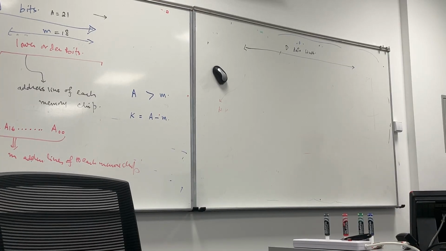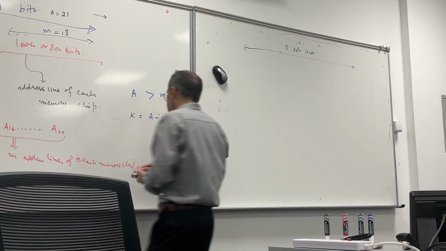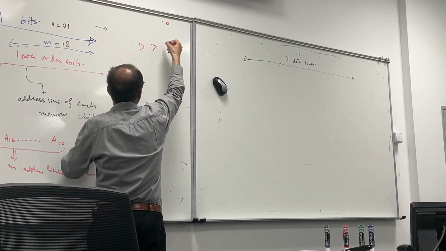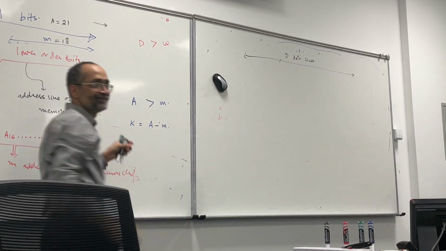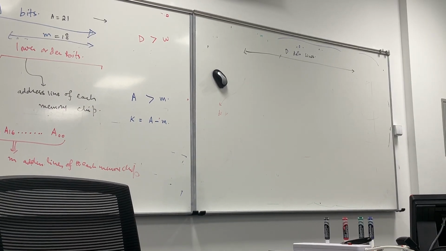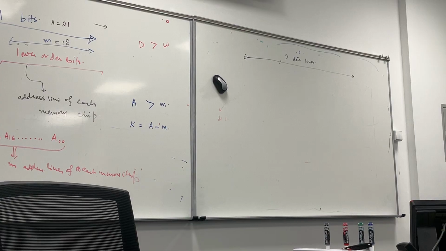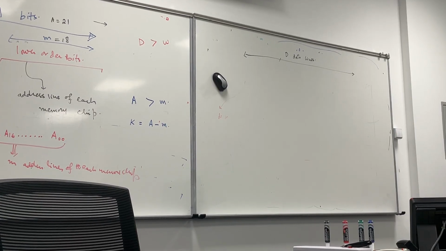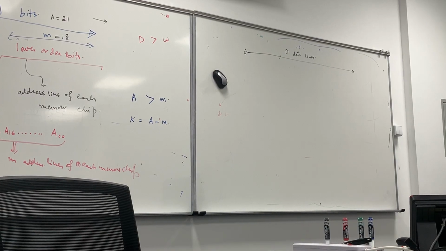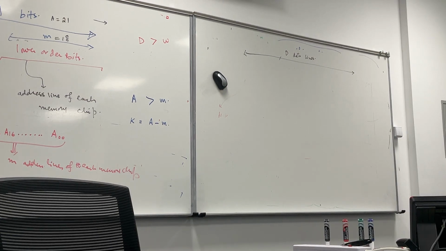Remember, we can say now D is greater than W. Each chip, each column in this example, will provide how many bits? Each column will provide W bits.